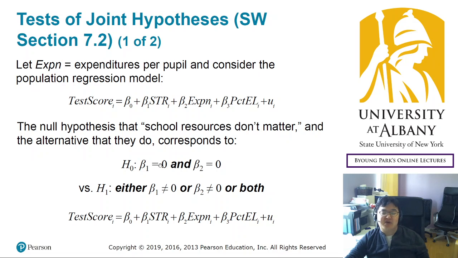We need to extend the previous framework because we have to think about 3 alternative cases. The negation of this statement is either beta 1 is non-zero, or beta 2 is non-zero, or both are non-zero. If one of them is wrong, then the whole statement is wrong. So we have to think about these 3 cases, and we will think about how to handle this. Okay, I'll continue in the next one. See you later.